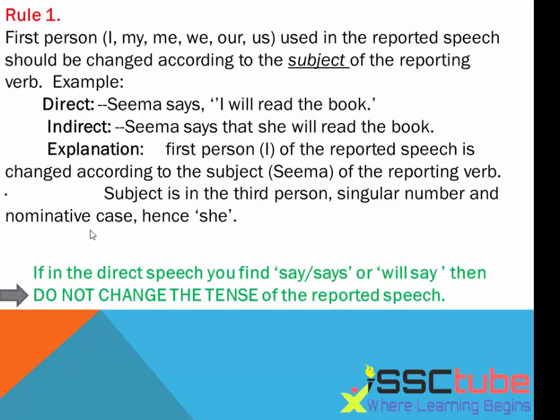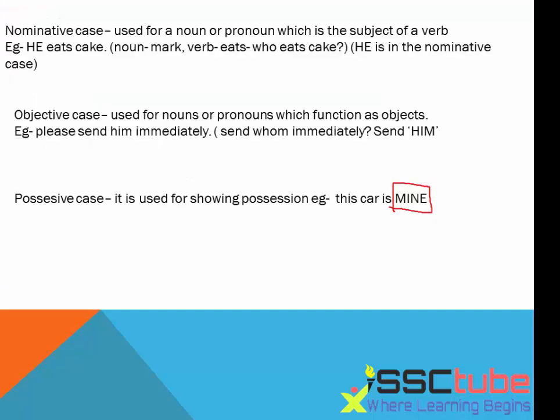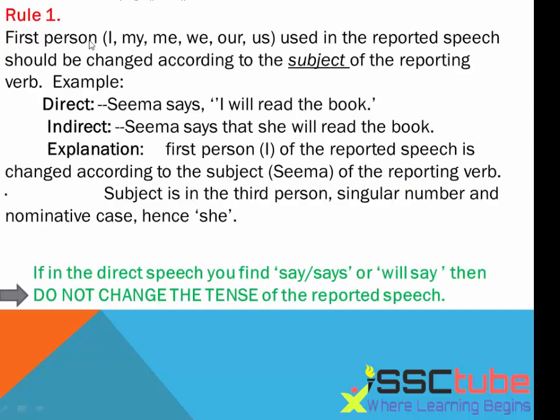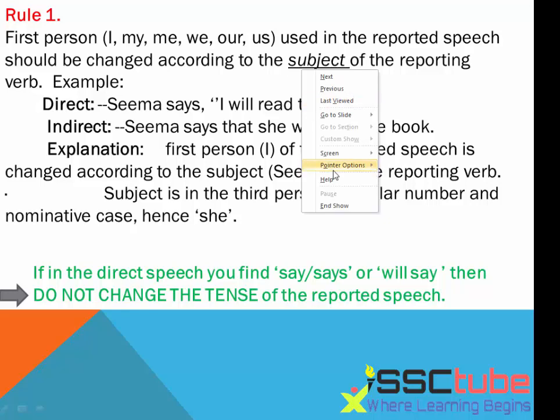I again repeat. Let's study rule 1. Now what is the first person? First person: I, we, me, us, my, mine, our, ours. These all are first person. The first person used in the reported speech should be changed according to the subject of the reporting verb.